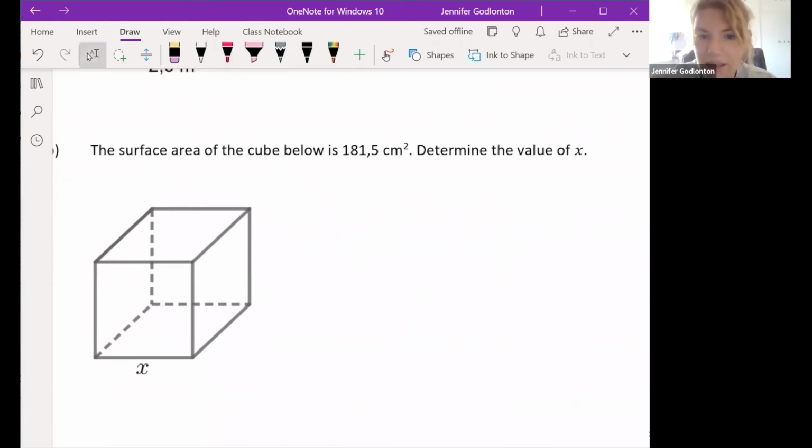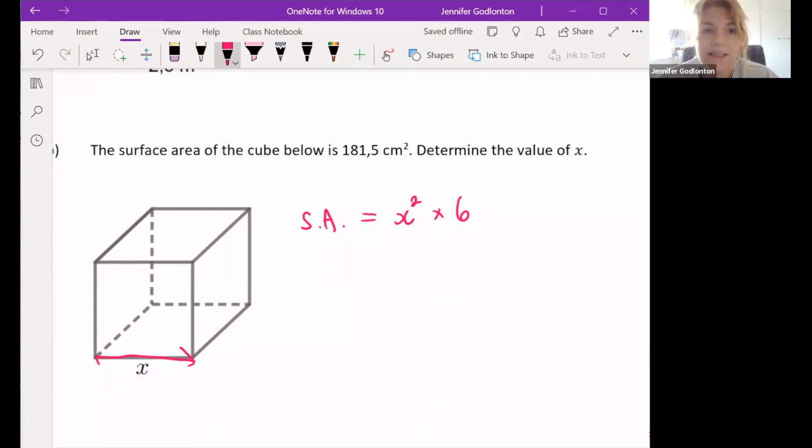I'm going to write it a little bit differently just to help you out. So your surface area is equal to your side squared. Now I'm going to write it as x squared, because our side is x, times 6. So I'm going to write my formula like that. I want you to think about that.